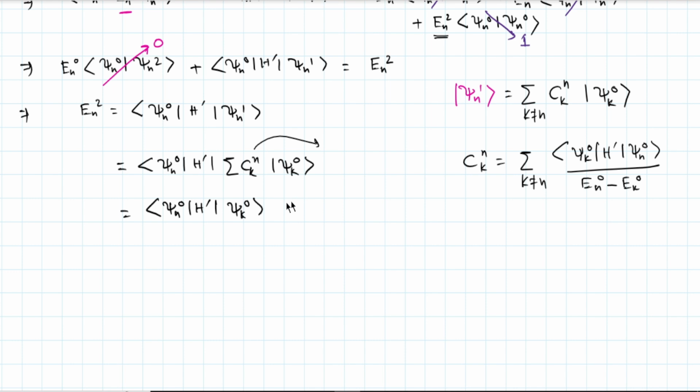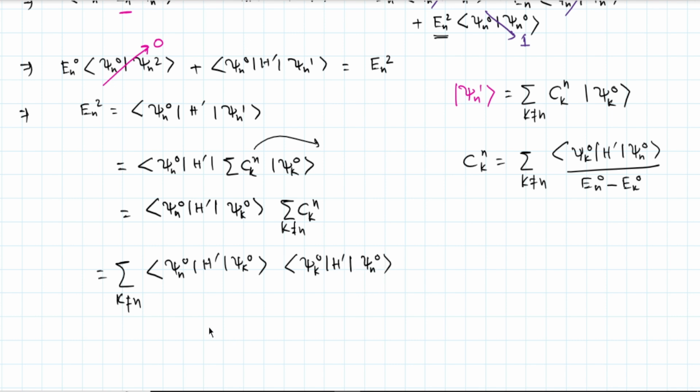so it becomes c k n, k not equals to n, and here if we write the value of c k n, I am taking the summation here, and it becomes <psi k 0|H'|psi n 0> by E n 0 minus E k 0.